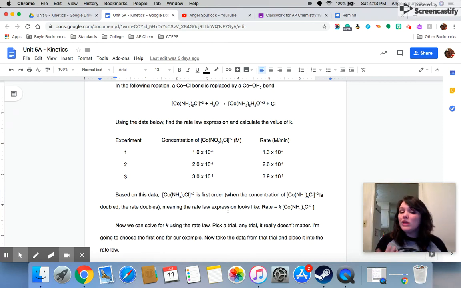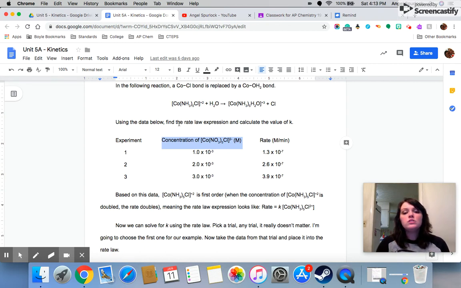Well, again, we can't solve for the rate law unless we know the order for each individual reactant. So in this case, they've only given us the concentration of one of our reactants. What that's going to tell us is that they already know that water is zero order.